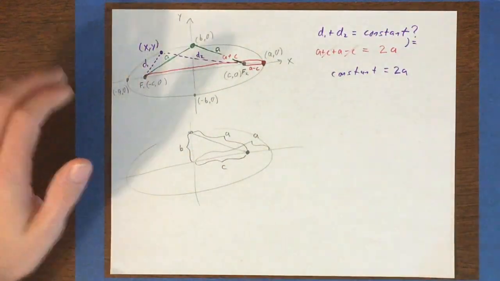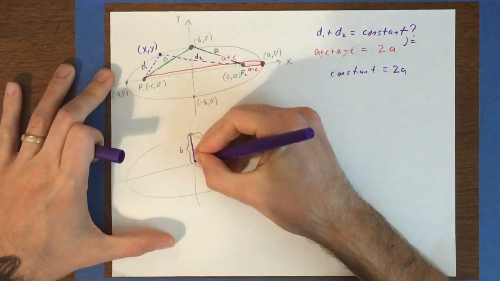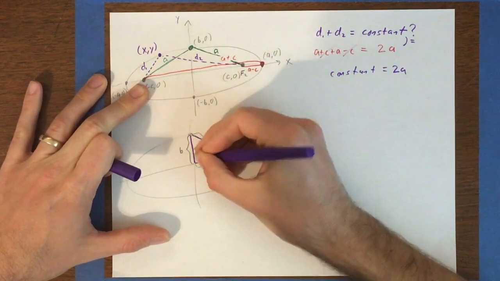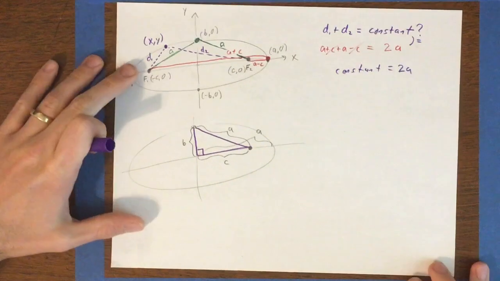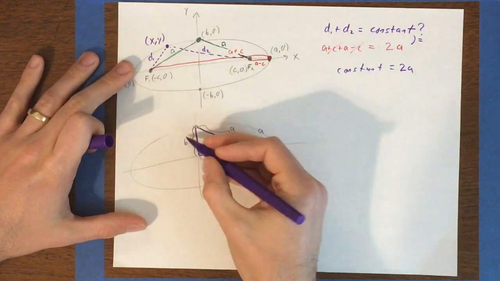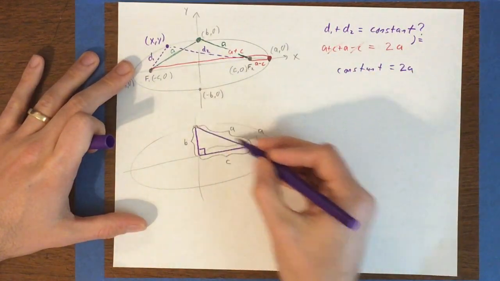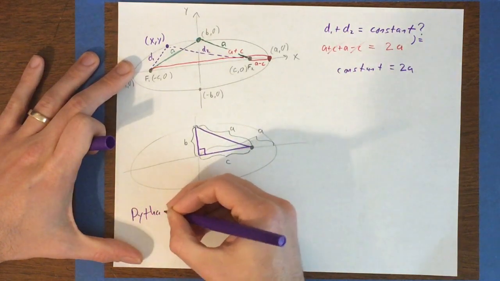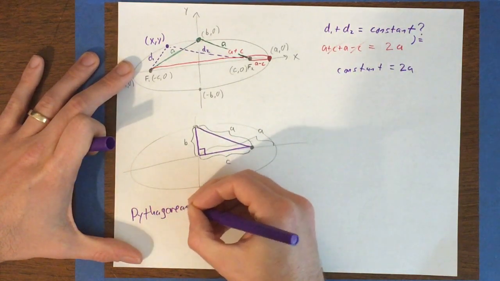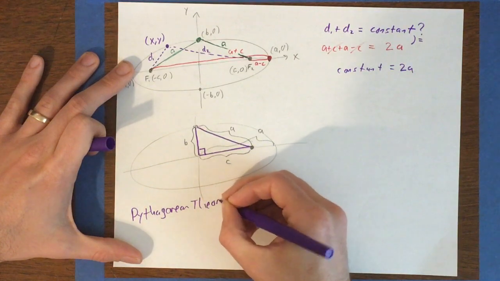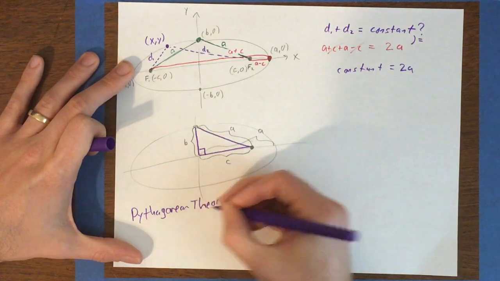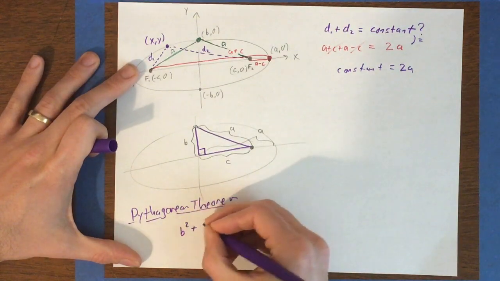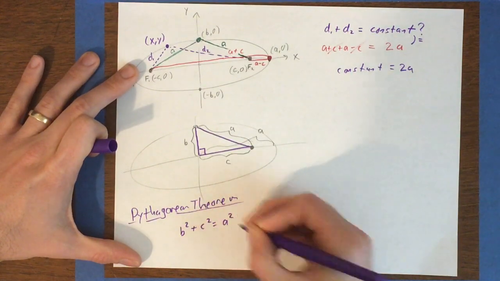But looking inside here, we now have a little right triangle like that. And looking at that right triangle, the legs of it are b and c, and the hypotenuse is a. So we can actually pull in Pythagoras and do the Pythagorean theorem on those numbers and get b squared plus c squared equals a squared.